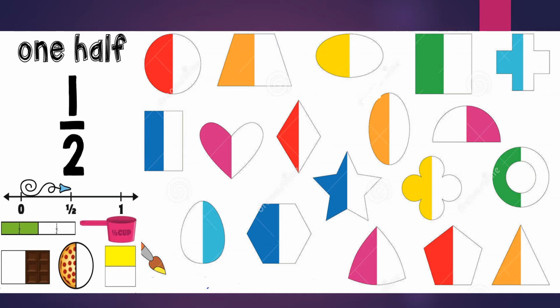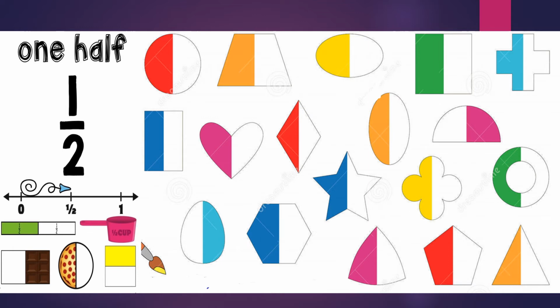Here are some more examples of different shapes cut out into halves. So just to make you understand, you have different shapes and different colors that are equally cut into halves. So how do I show this as a fraction? How do I represent it as a fraction? For example, the heart is cut into two pieces, which is pink and white.